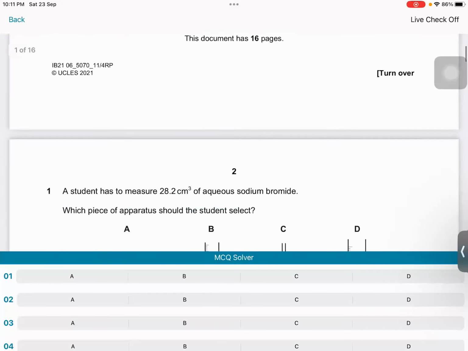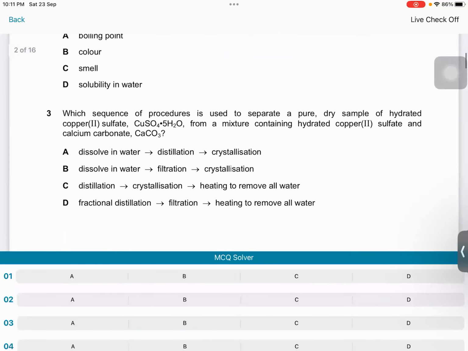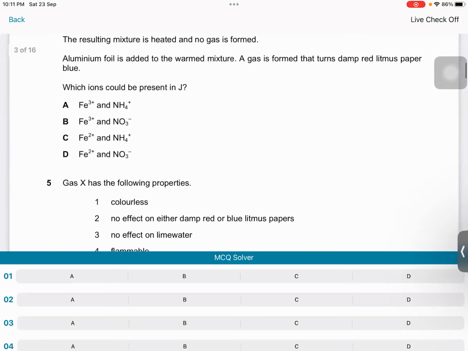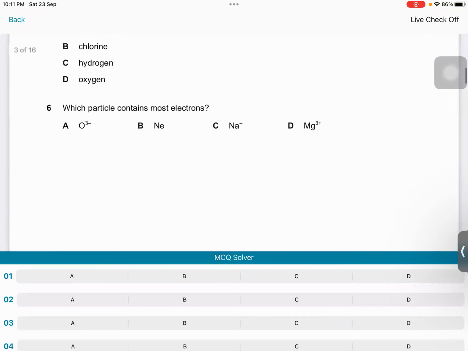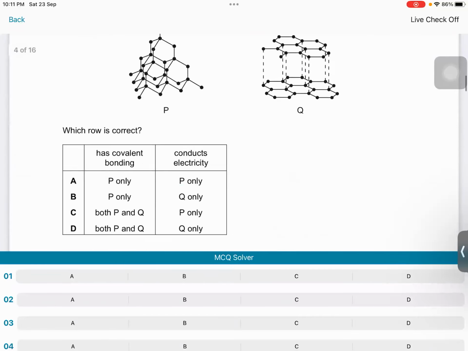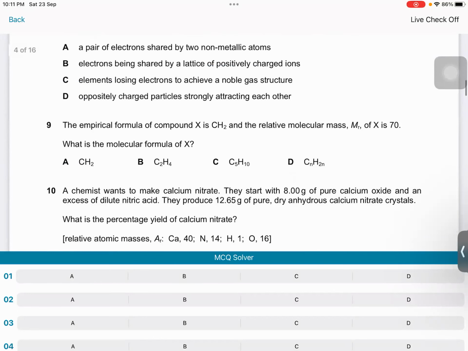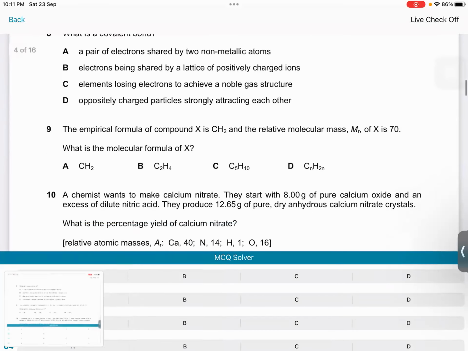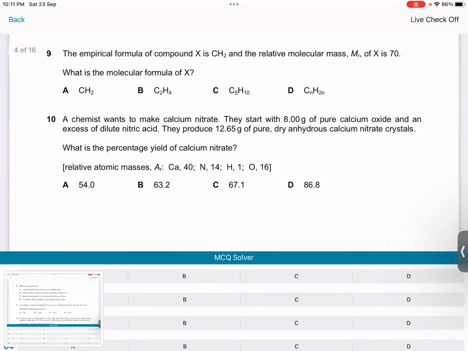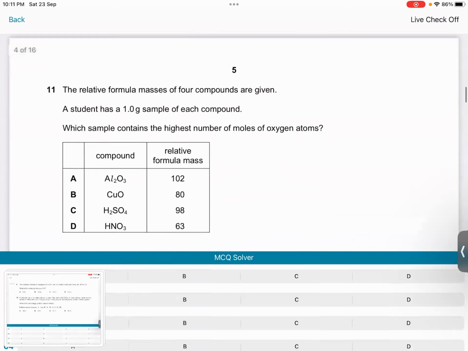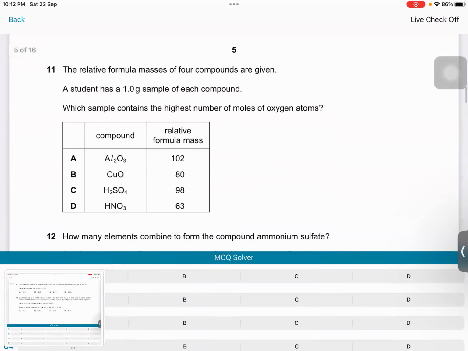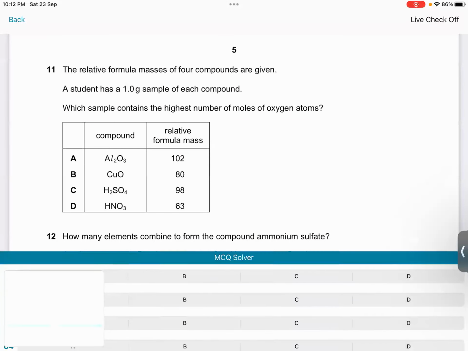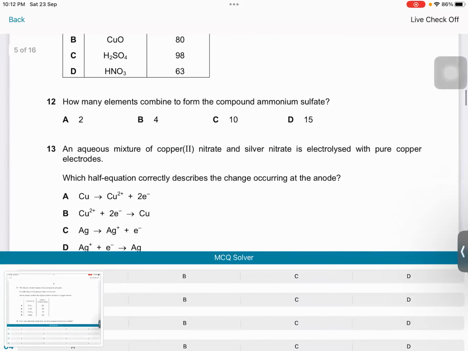Now where is the mole? Question number 9, question number 10, question number 11, question number 12.